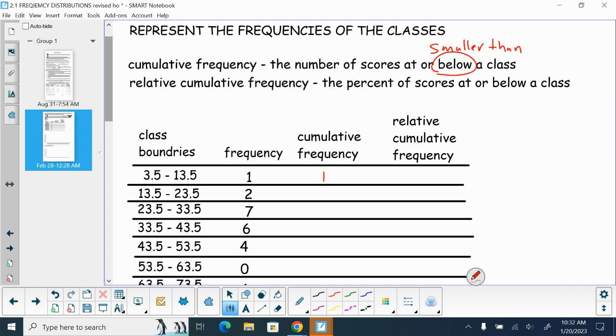But if we take a look at our second class, we have two here. There's two at this class, but there's one value that's smaller than this. So our cumulative frequency would be a value of 3. 2 plus 1, which is a value of 3. My cumulative frequency here, I have 7 at this class, but then I get 3 that are smaller than this, so we have a total of 10. Go ahead and finish that out. And then the relative cumulative frequency, you just change them into a percent.